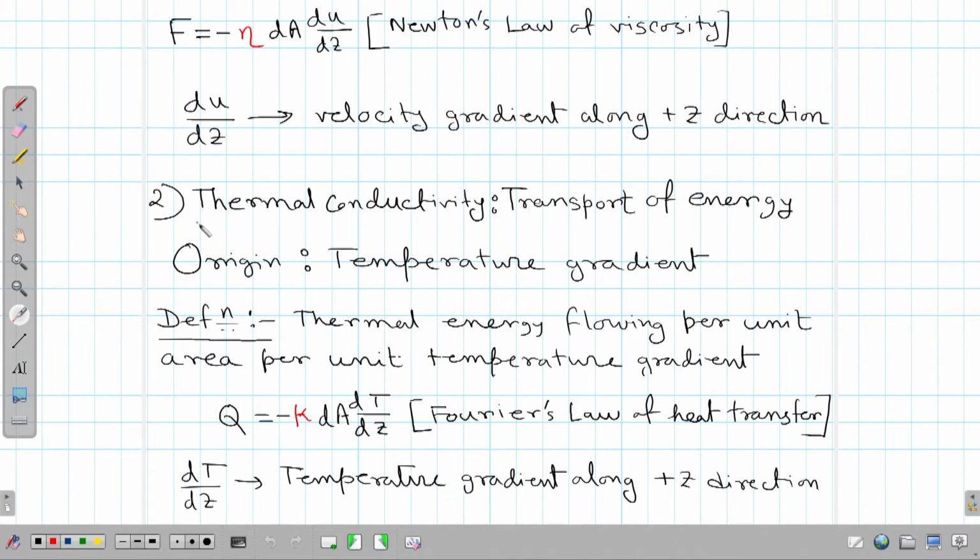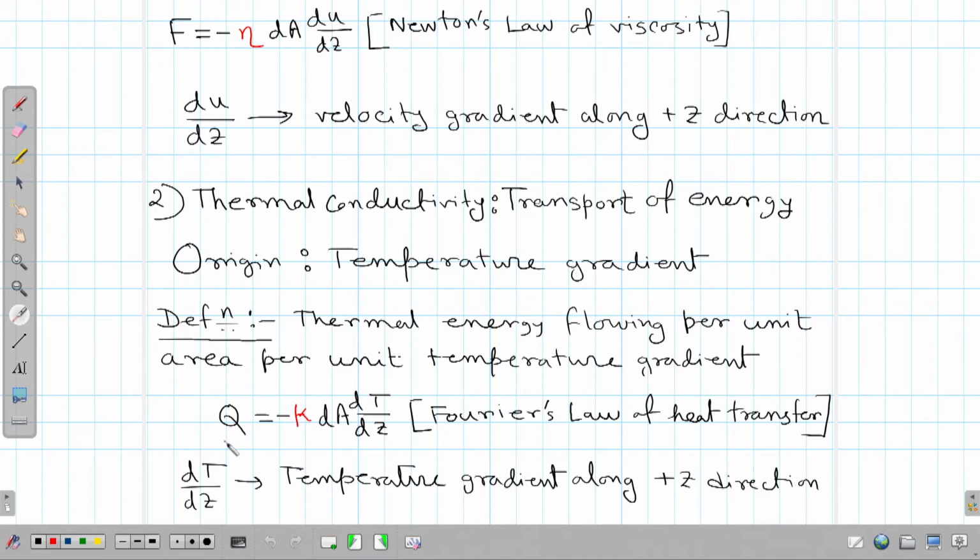So, basically the thermal conductivity is the coefficient that we are going to measure from the fundamental principle. The definition of thermal conductivity is the thermal energy flowing per unit area per unit temperature gradient in the system.